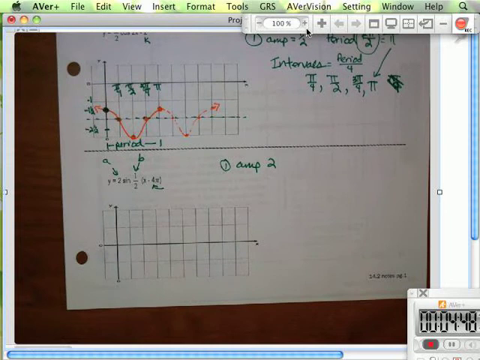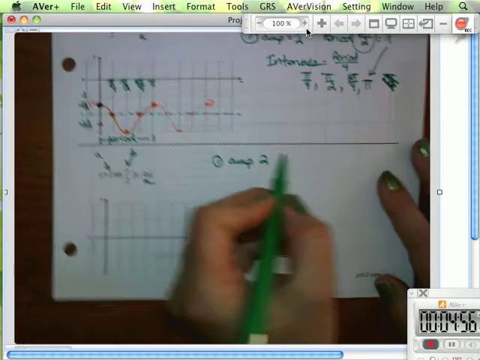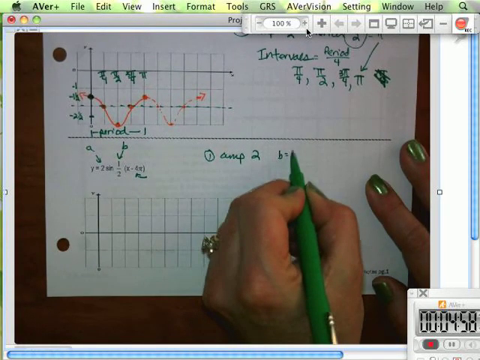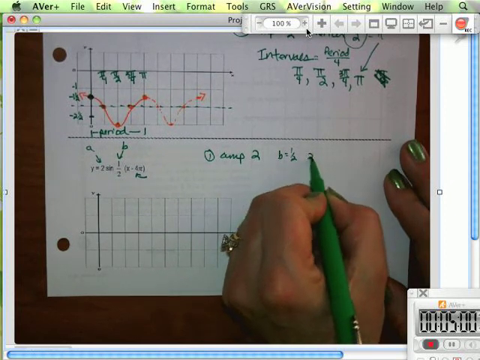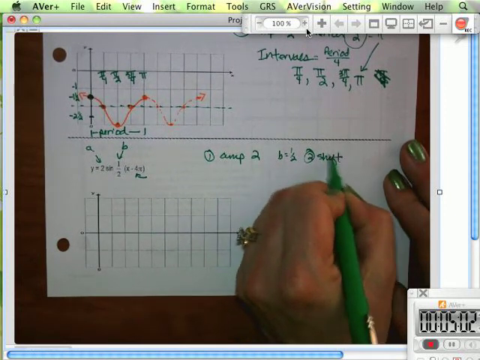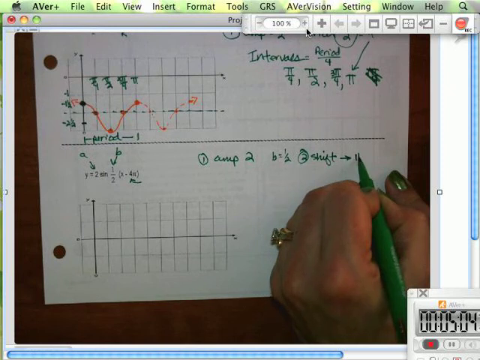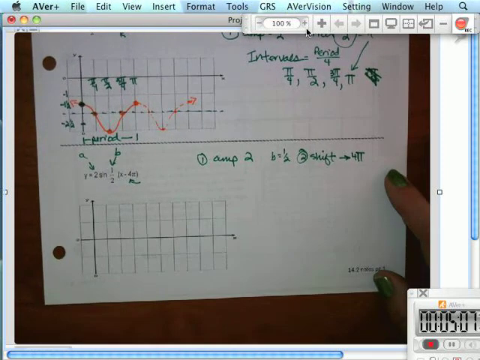To the right 4 pi. So my original period is shifting to the right 4 pi. Okay? So I'm going to write that down. My B is 1/2. I shift to the right 4 pi. So this is just what's happening in my equation.